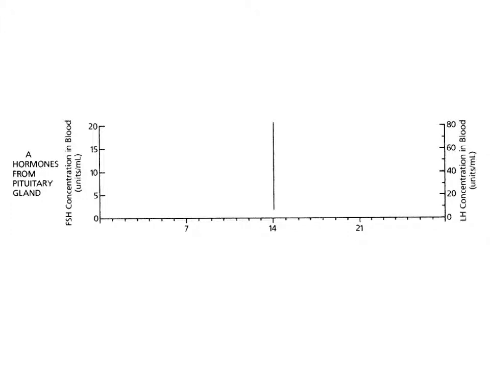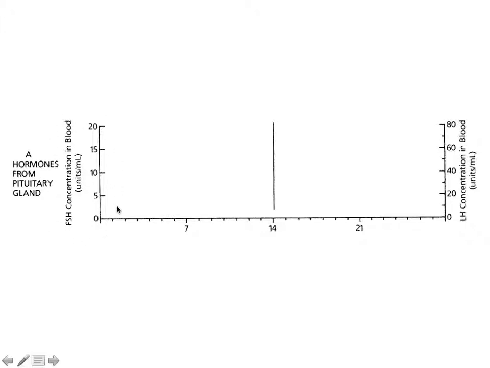So let's go back to letter A, because that's what you're going to be graphing first. Look at number 2 in the procedure. It says, using the data in table 1 on page 176, plot points in part A of figure 1. It says, remember to use the left-hand vertical axis. That's the first thing I want to show you: you actually have two vertical axes.